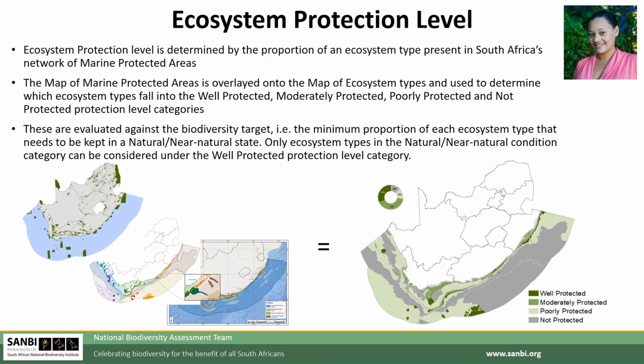These are, however, evaluated against the biodiversity target. This is the minimum proportion of each ecosystem type that needs to be kept in a natural or near natural state, and therefore only ecosystem types that fall within this condition category can be considered under the well-protected protection level category.